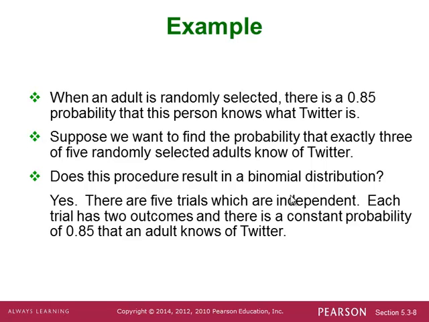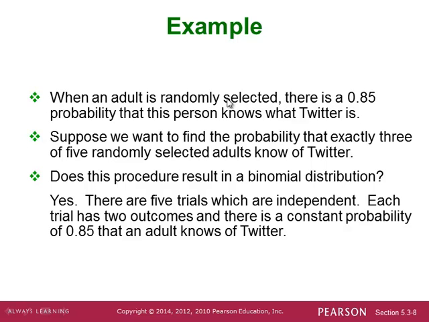So here's an example of a binomial sort of experiment when we are going to randomly sample some adults and ask them whether or not they know what Twitter is. Well, we know from previous experiment that about 85% of the population knows what Twitter is. So that means if we randomly sample one adult, there's an 85% chance that he or she will know what Twitter is.